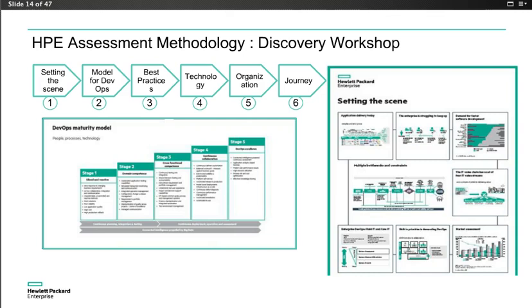The second methodology that we are using for assessment is the discovery workshop. This is a proven methodology. Proven means that we have used this methodology for at least 5 years for the delivery of workshops, and we utilize feedback, all mistakes and all successes that we reach by using this discovery workshop.